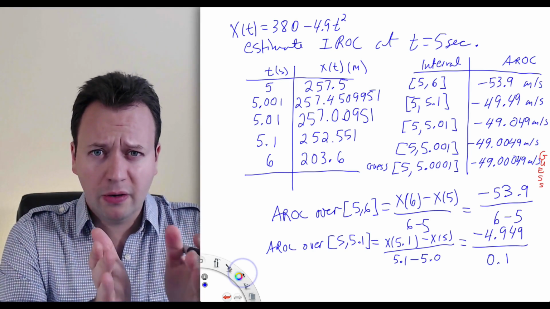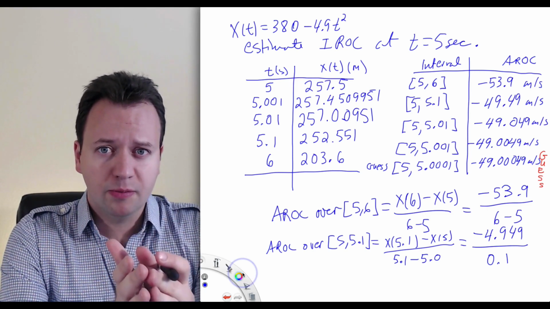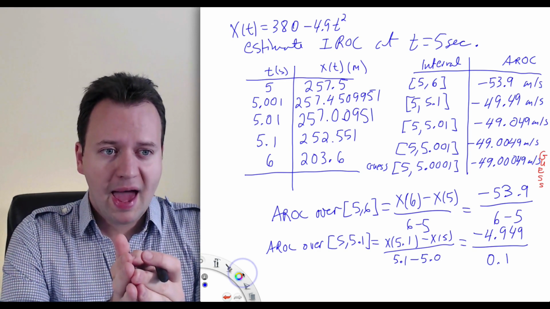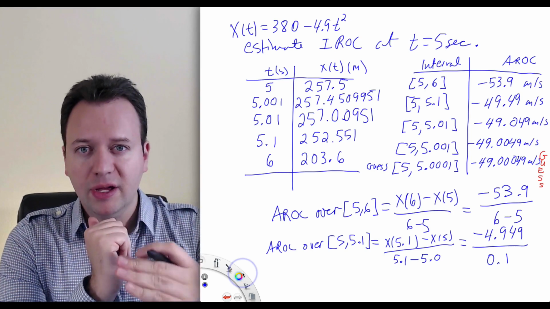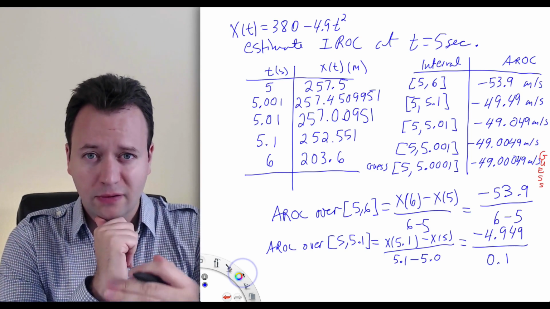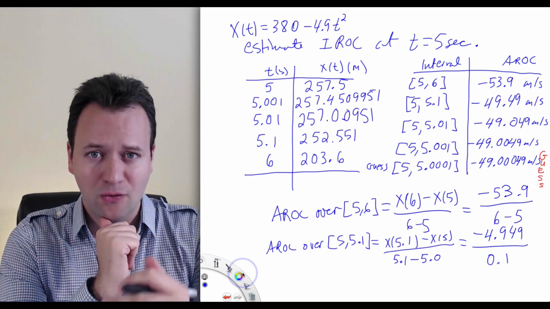As we narrow down our interval to be smaller and smaller and smaller, the average rate of change isn't varying dramatically. It's leveling off at one definitive value, which is negative 49.